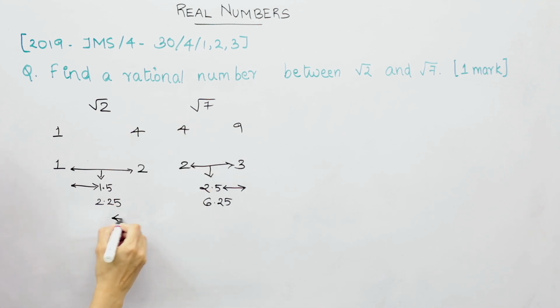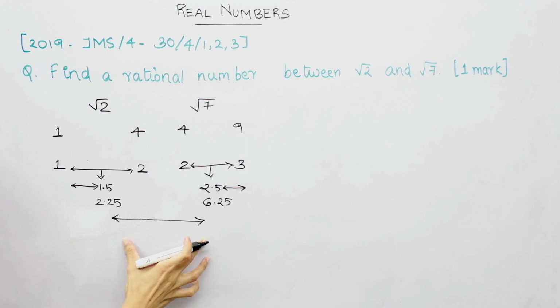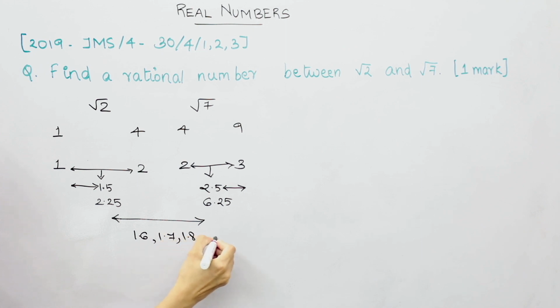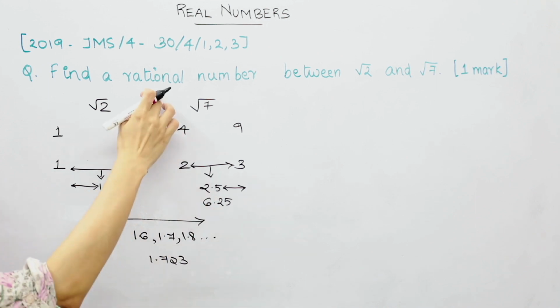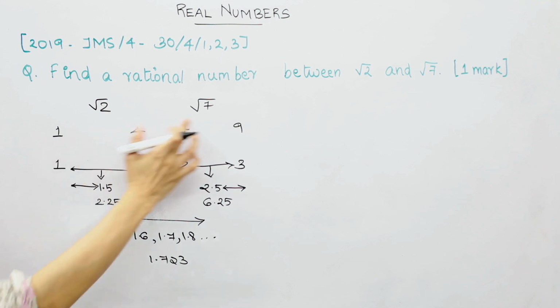So we can choose any number between 1.5 and 2.5, 1.6, 1.7, 1.8 and so on. It could also have multiple decimal places, but it should have fixed number of decimal places. So any number between 1.5 and 2.5 can be chosen as a rational number between root 2 and root 7.